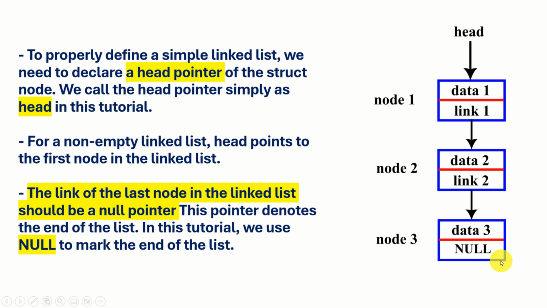This pointer denotes the end of the linked list. In this tutorial, we use null to mark the end of the list. That is, the list ends with this link null, and it starts with the pointer head that points to the first node in the list.